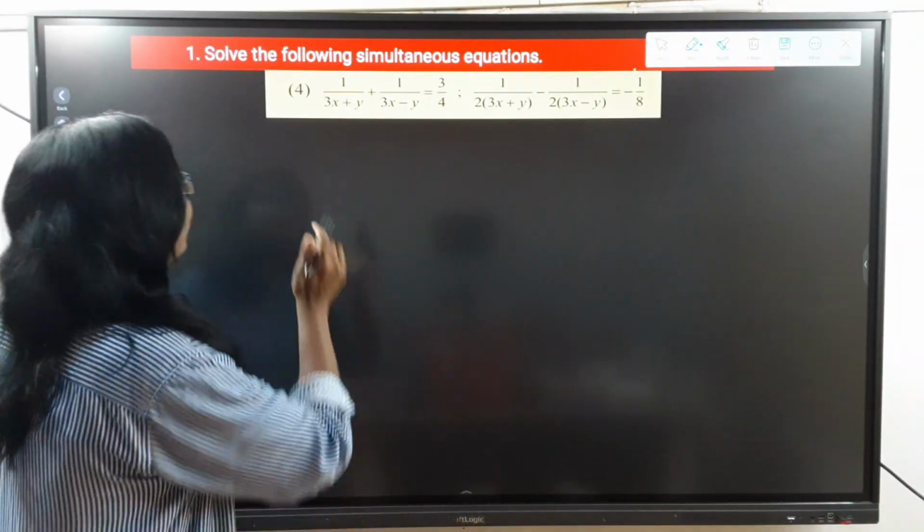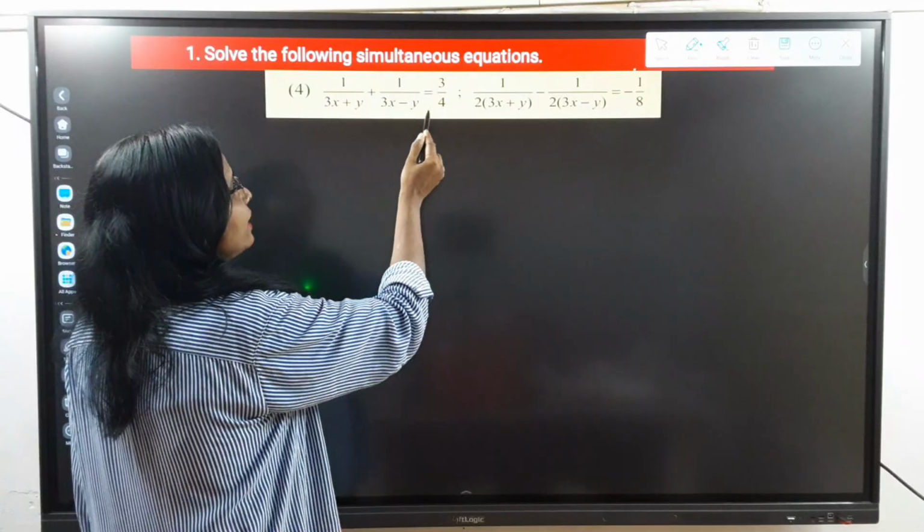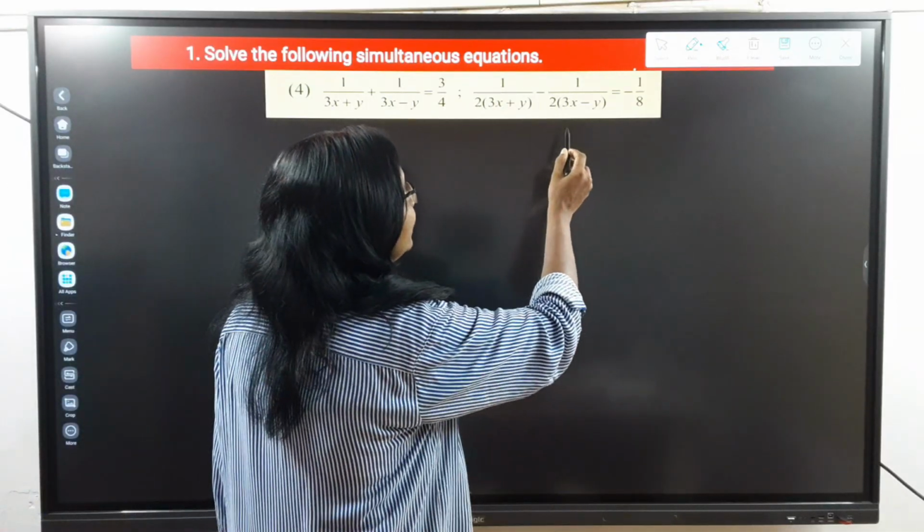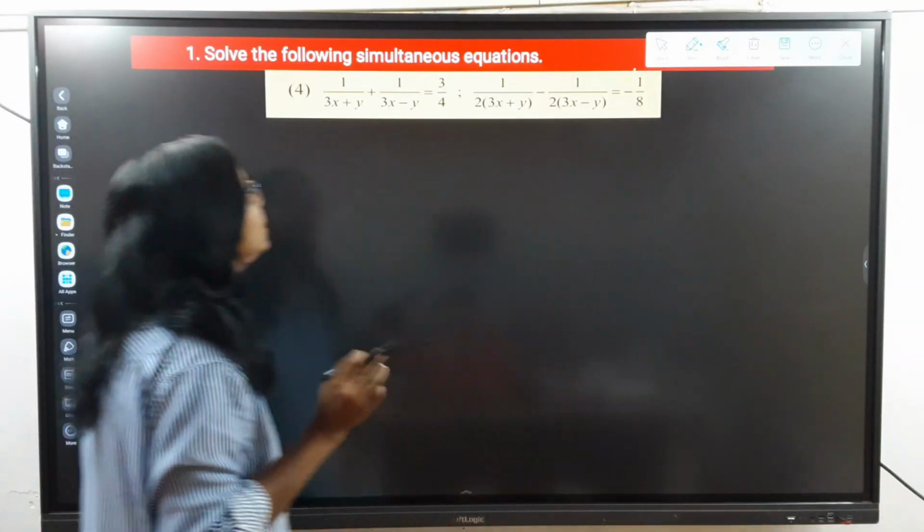Example 4, students: 1 upon 3x plus y plus 1 upon 3x minus y is equal to 3 upon 4, and 1 upon 2 multiplied by 3x plus y minus 1 upon 2 multiplied by 3x minus y is equal to minus 1 upon 8.